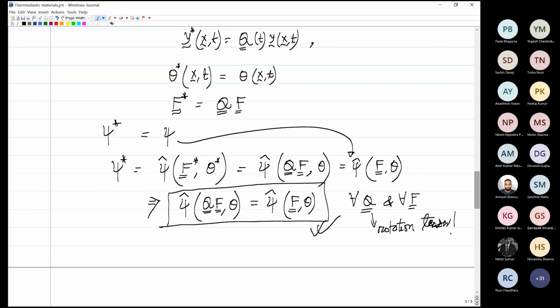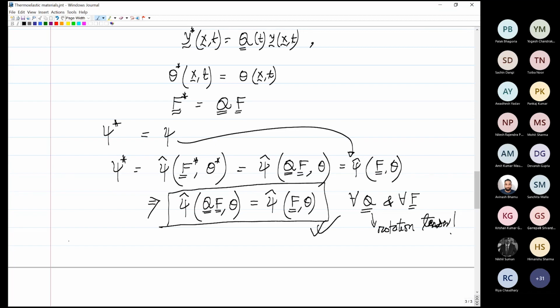So does it tell you something about the function psi hat? See, this function can return the same thing only if psi hat actually depends on something which is not changing when you change f to qf.